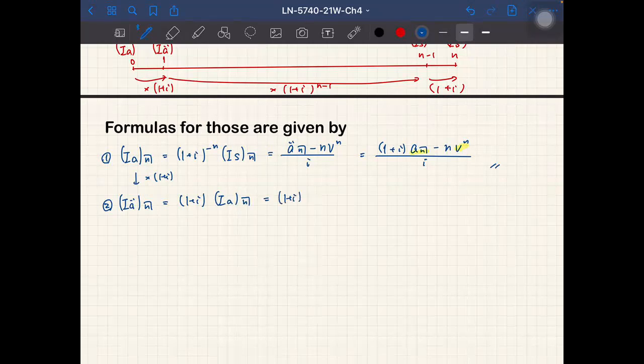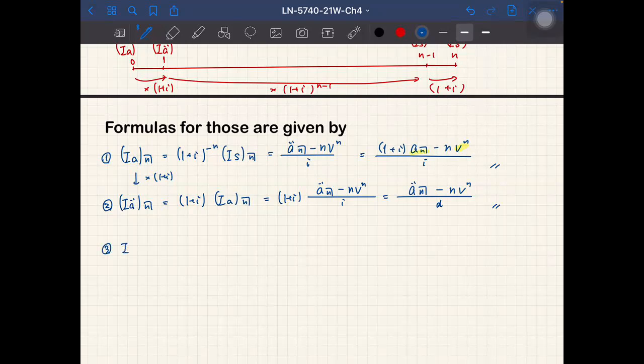But (1 plus i) over i is equal to 1 over d. If we use the quantity d, it's expressed in the simplest way: ä‾n minus n vⁿ over d. So this is the formula.